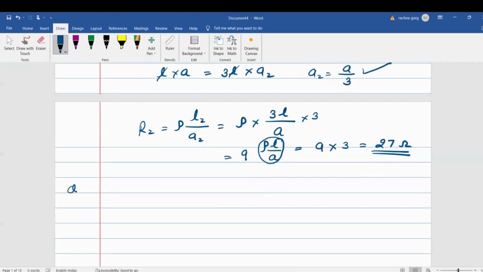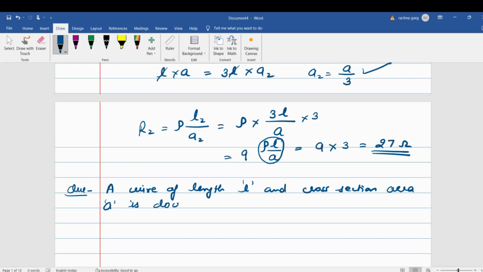Next, if they ask you a wire of length L and cross section area A is doubled on itself. Are you getting? That means it's folded. It's like this.